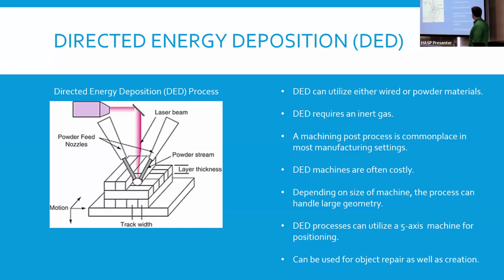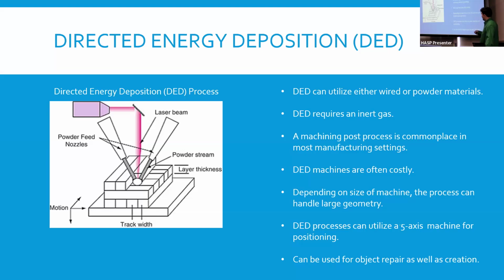A machining process is commonplace in most manufacturing settings. The reason for this is it looks really smooth in this picture. However, it's generally not. Generally, you're going to have layers that go over each other and meld over each other.